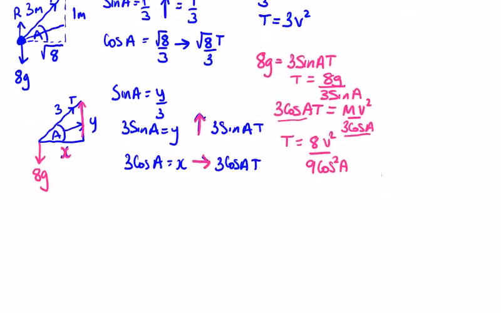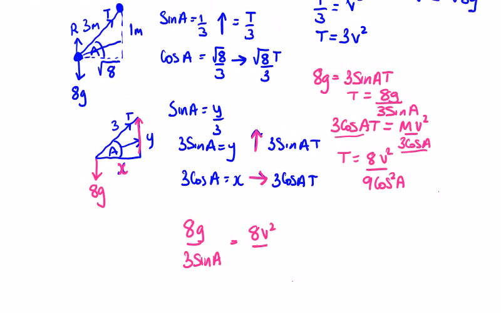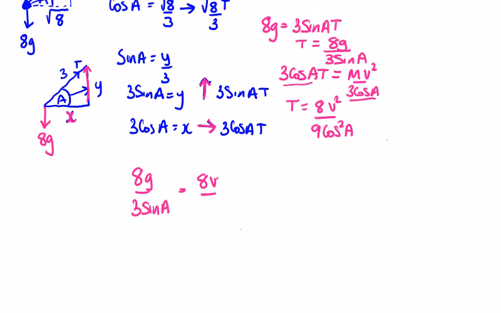Okay, so I have two t's. Let me equate them. 8g over 3 sine A will have to be equal to 8v squared over 9 cos squared A. And actually they told us v is the square root of 9.1g, so v squared is going to be 9.1g.